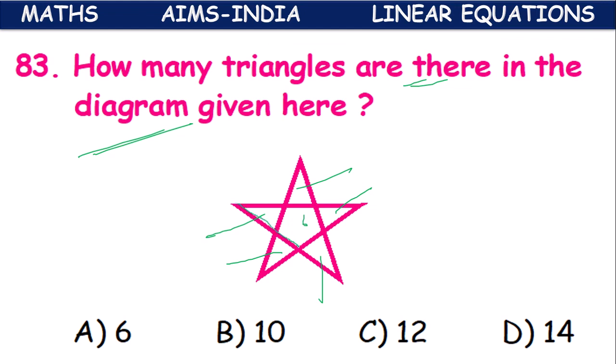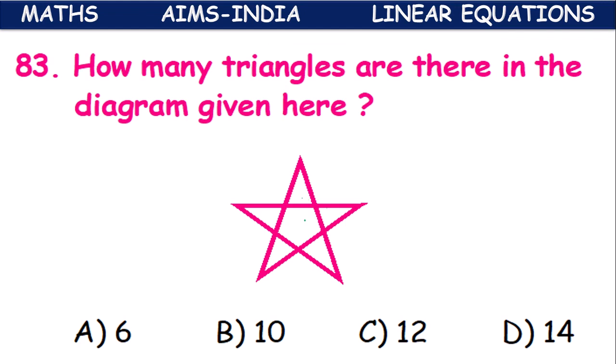If you consider only this part, 7th triangle, or if you consider this part, eighth triangle, or you can consider this part, ninth triangle. So 9 triangles.